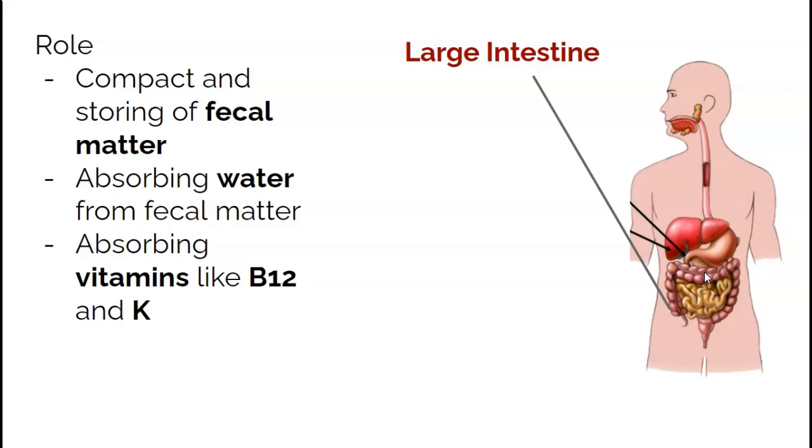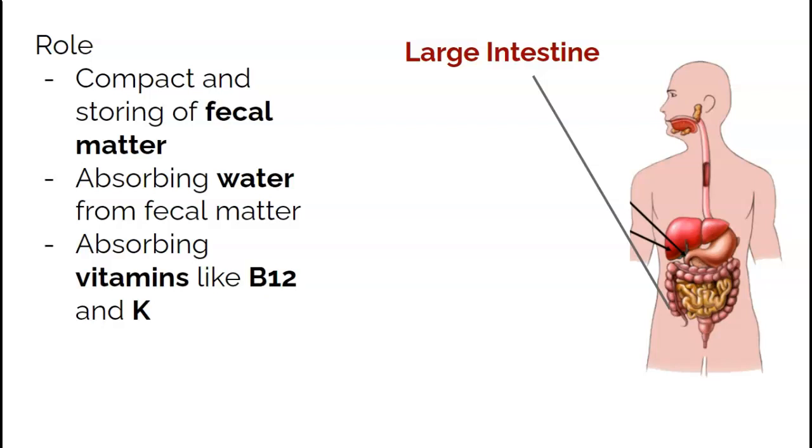Our fecal matter is like diarrhea, if you really think about it, okay? If we are not absorbing that water, we are going to get rid of it somehow. So the large intestine's job is to reabsorb that water. If someone has diarrhea, it's usually because there's an inflammation within their large intestine and they can't absorb that water back. So that's the first big main role.